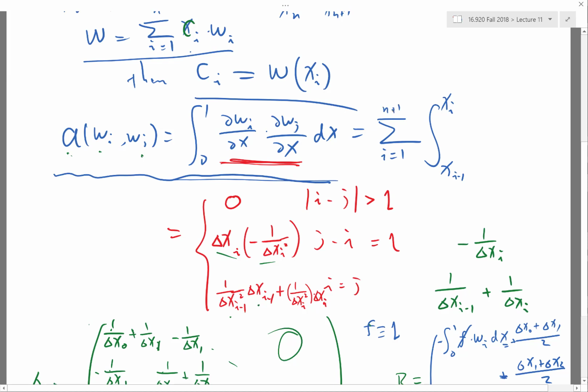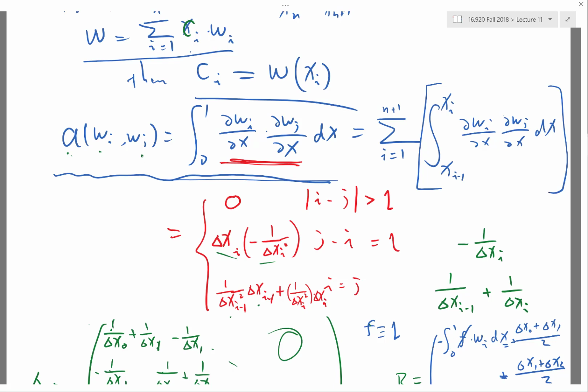I actually goes from 1 to n plus 1, because here there are n plus 1 elements, right? So this is more general than this particular case in 1D. If you have multiple dimensions, it's the same, right? You are splitting this integral into an integral in each element. The advantage is that this integral in each element is usually a lot easier to construct.